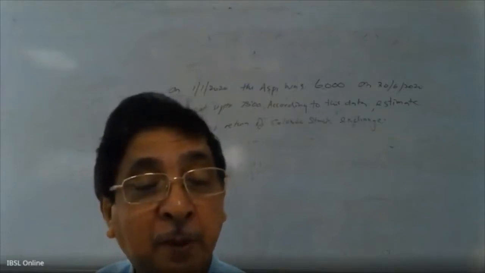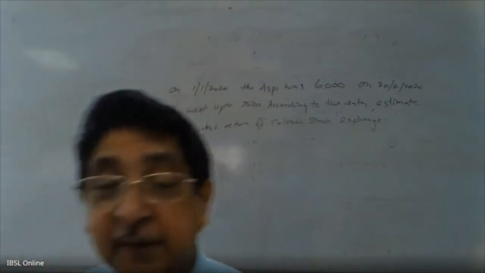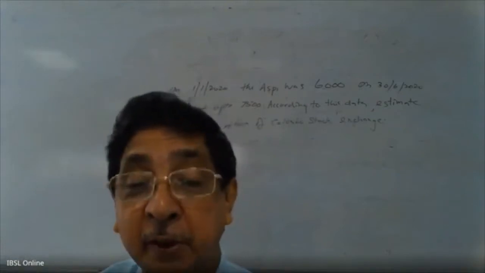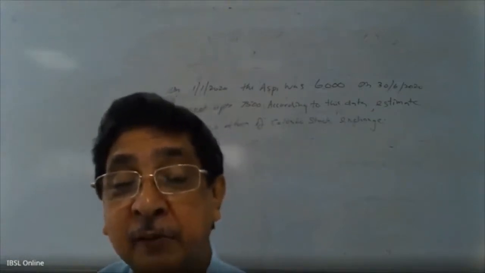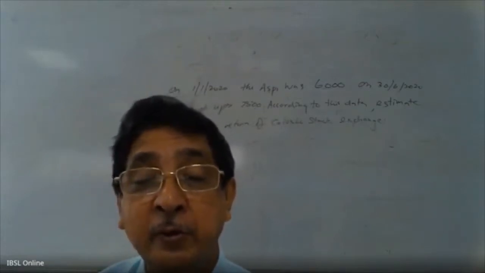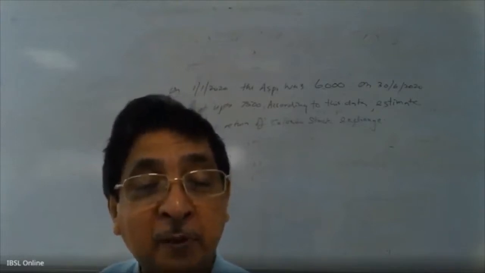It is 1 plus r to the power 2, minus 1. So you will get the effective annual rate. Very good. Chamali has done it: 56.25. You have done it this way, no? 1 plus 0.25 is 1.25.